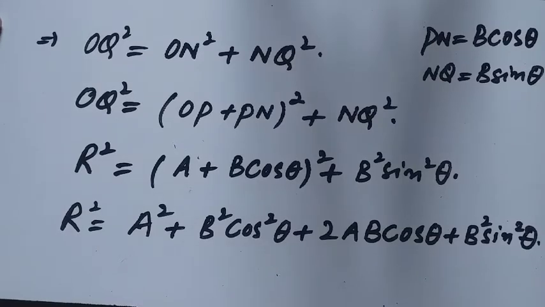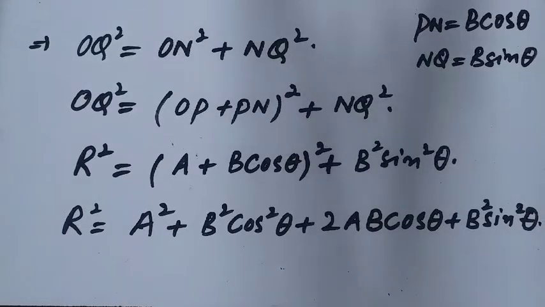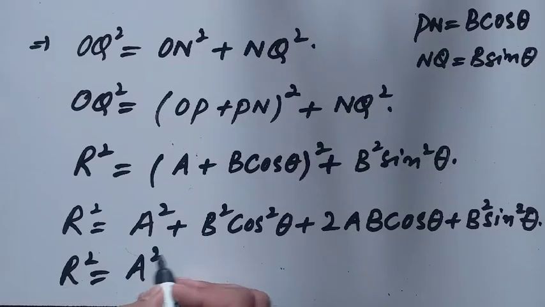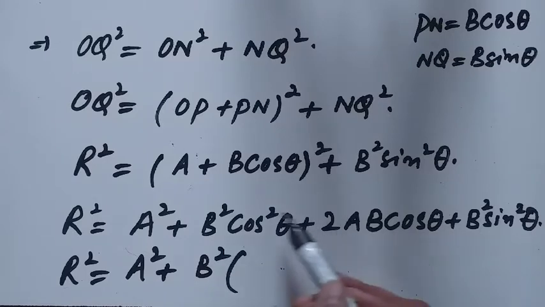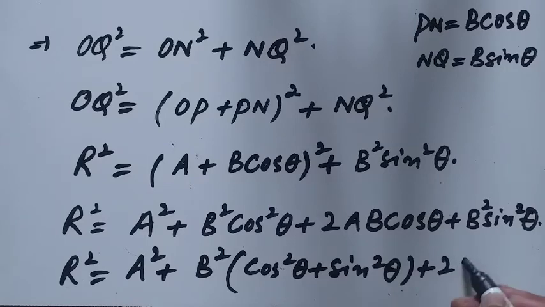All right, now I can write R square is equal to a square plus b square. I take this b square common, and inside becomes cos square theta plus sine square theta, plus 2ab cos theta.